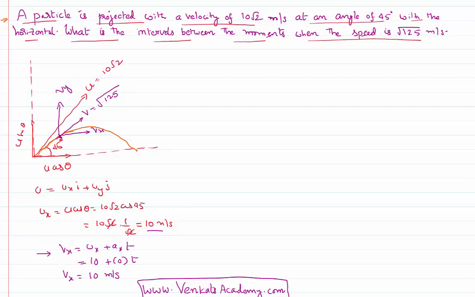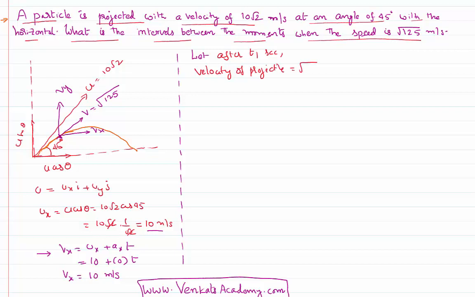Now the problem is like this. At a particular interval of the time, or at a particular instant of the time, say after t1 seconds, velocity of projectile is root 125, that is v bar.